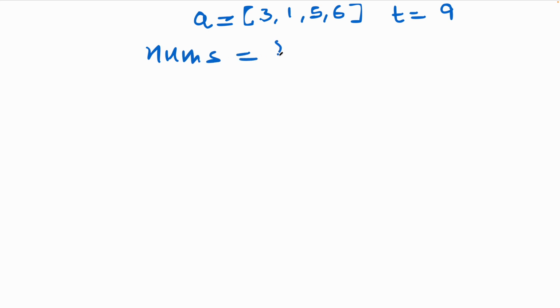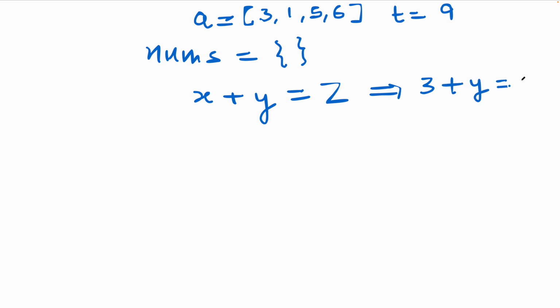It doesn't have anything. We are going to iterate through each element and find the difference first, and if that difference exists in the dictionary, then we have found the pair. What does that actually mean? If you remember from your academics, if x plus y is equal to z and you are given x and z, then you can find y. So in this case, our x is 3, our y is not known, and our z is 9.